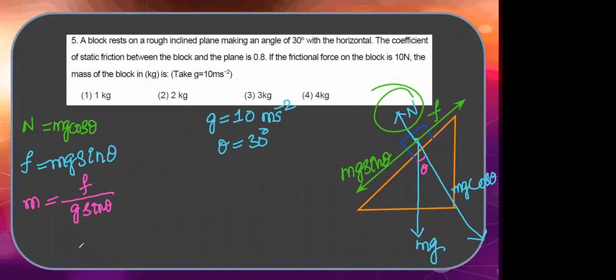Frictional force on the block is 10 newtons, so F is given as 10 newtons. Acceleration of gravity g is 10 meters per second square, and coefficient of static friction mu s is 0.8.